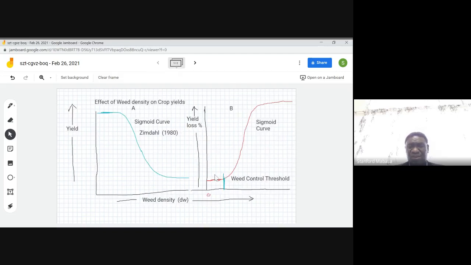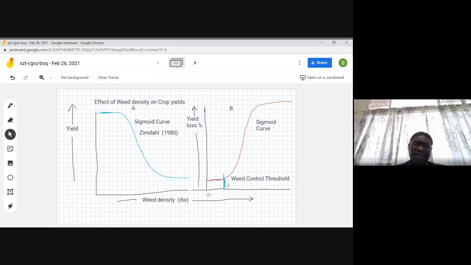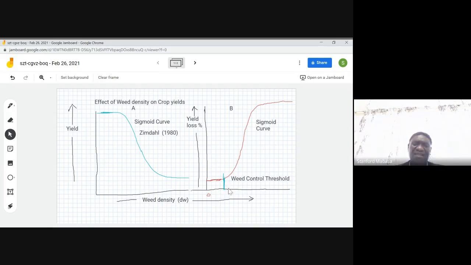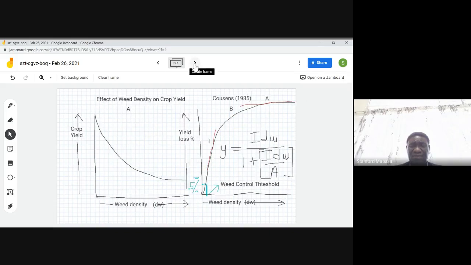With the Zimdal curve, it's clear. You can see this flattening on the graph where the loss starts to pick up. Then you can mark, and you are now aware that this is your weed control threshold. But here you have to estimate by judging whether 5% is okay, or 1%, or 2%.